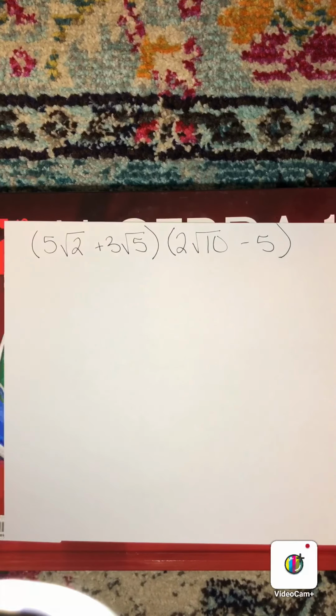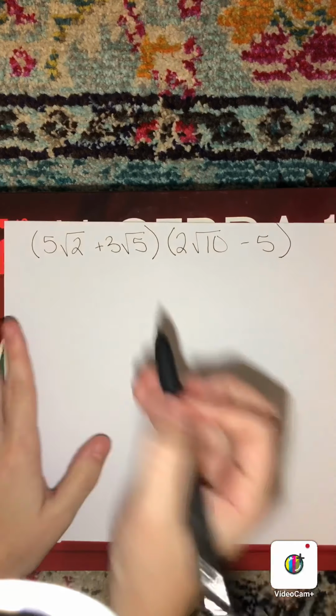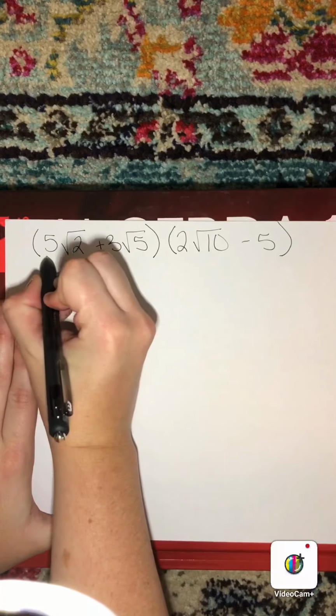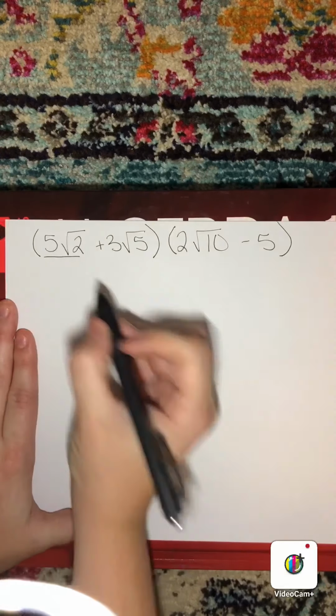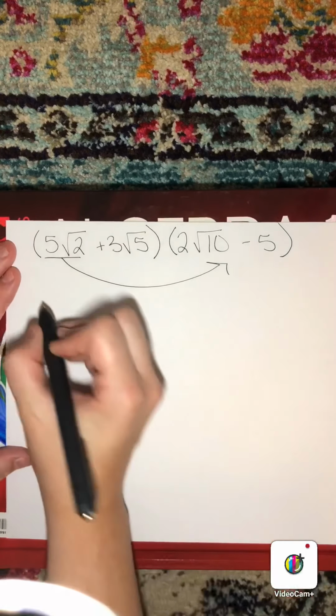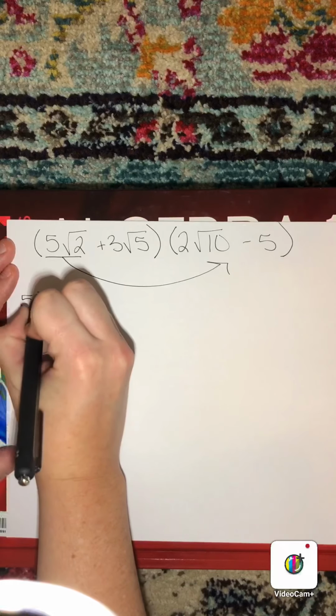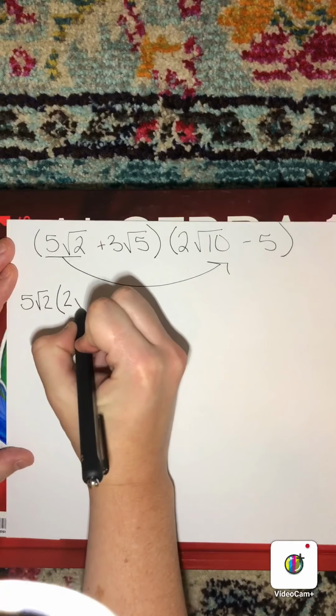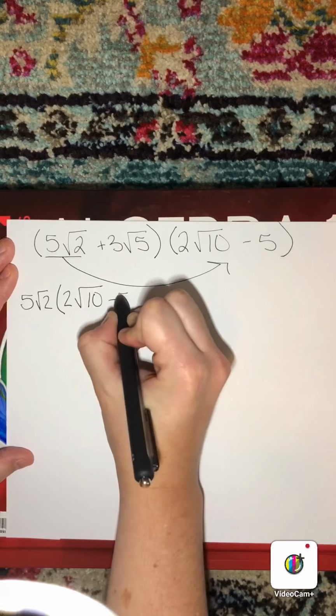Okay, so the first thing you're going to do is take the first term. So I've got 5 square root of 2. And I'm going to multiply that times this entire second parentheses. So I've got 5 square root of 2 times this whole parentheses, 2 square root of 10 minus 5.